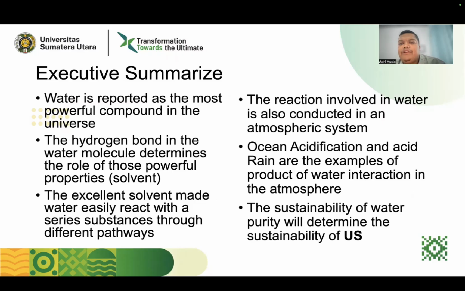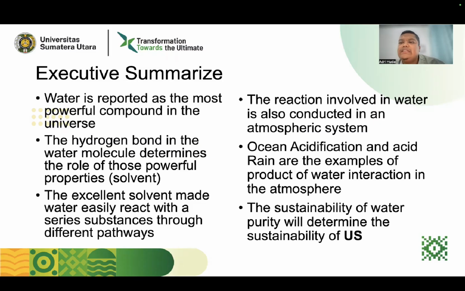The reaction involving water also occurs in the atmospheric system, meaning that water can react not only in the soil or in the water itself, but also with the gaseous phase of pollution. Ocean acidification and acid rain are examples of products of water interaction in the atmosphere.